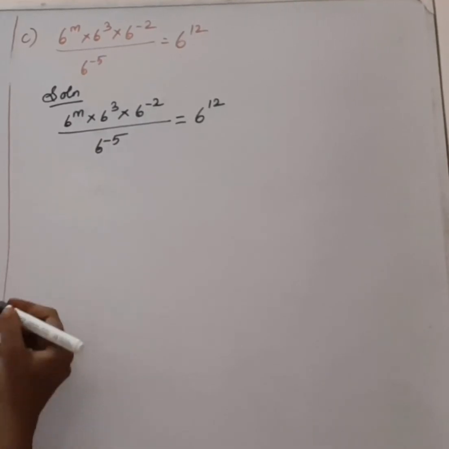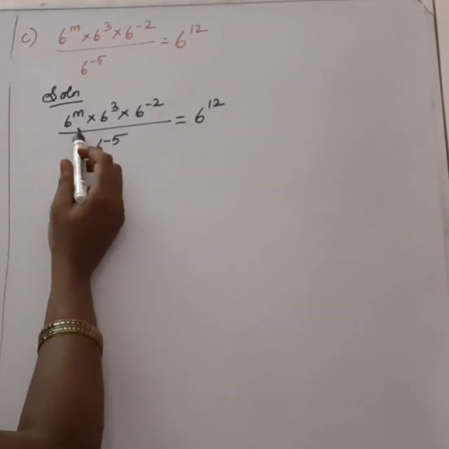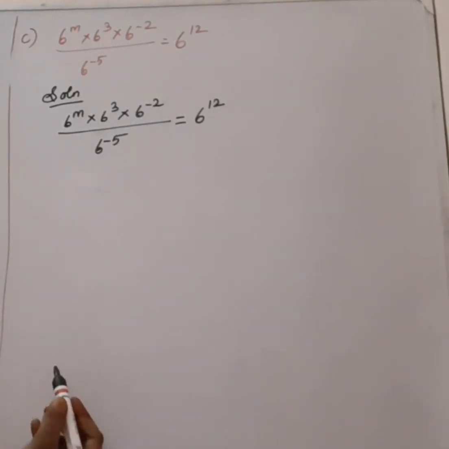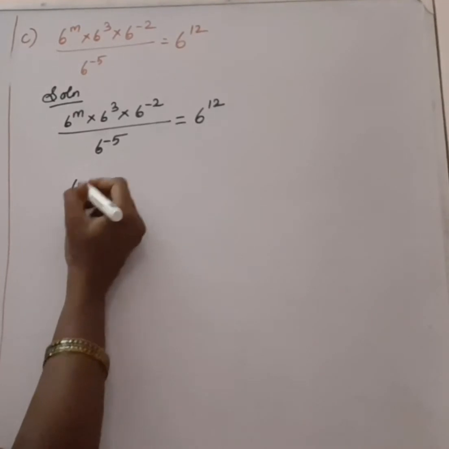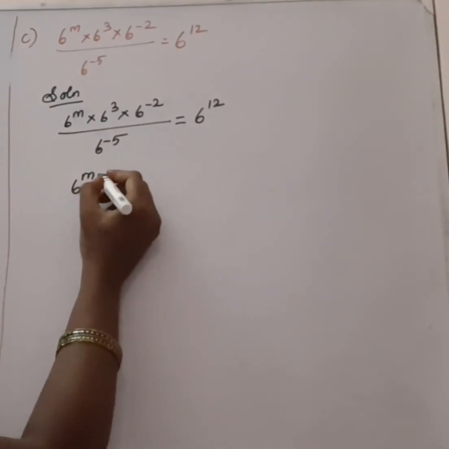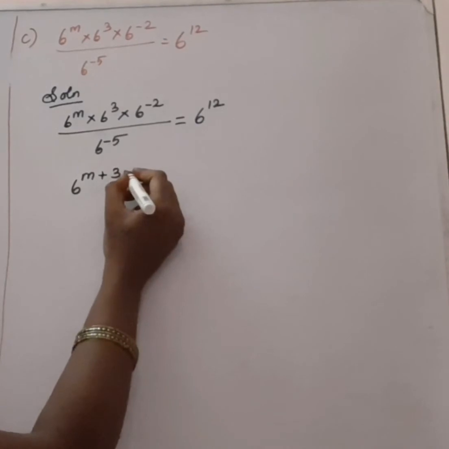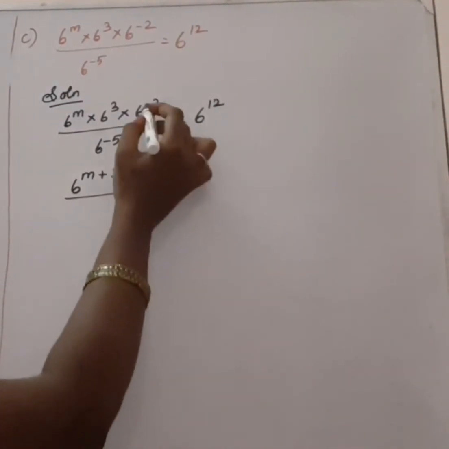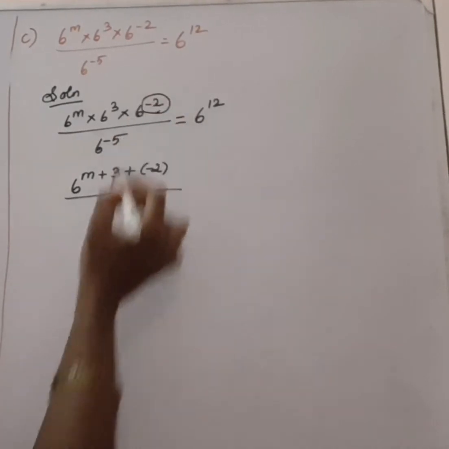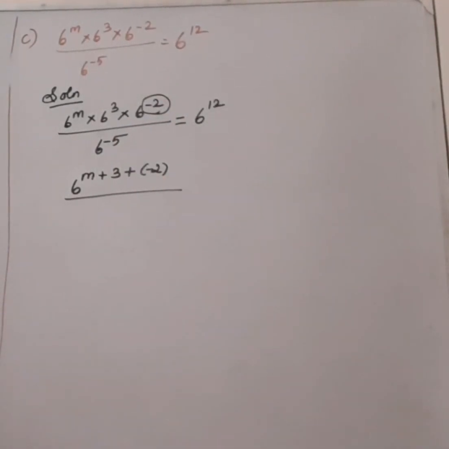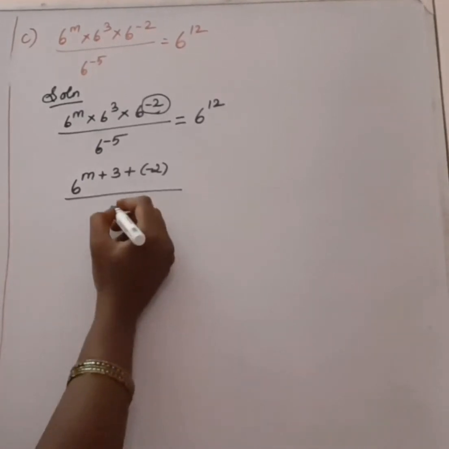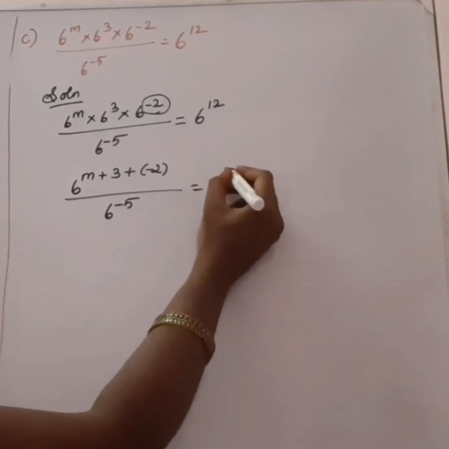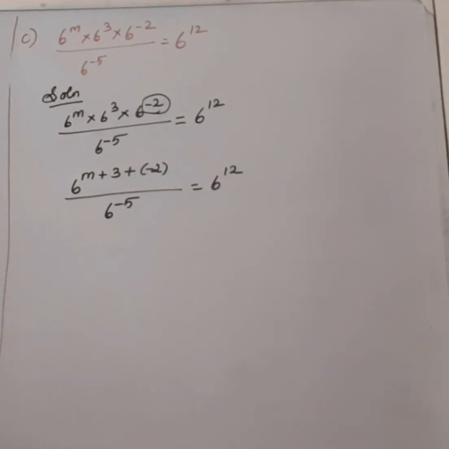Now, here in the numerator, we want to add all the powers because all the bases are same. So, 6 power m plus 3 plus minus 2, because here we have a number as minus 2, that's why we are taking it as minus 2, divided by 6 power minus 5 equal to 6 power 12.